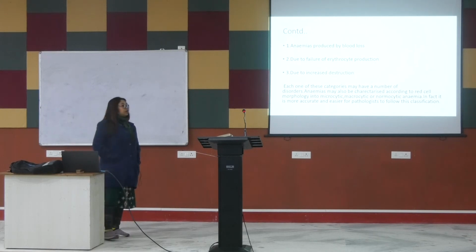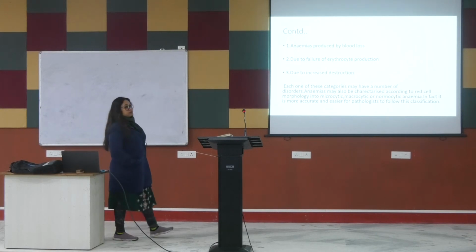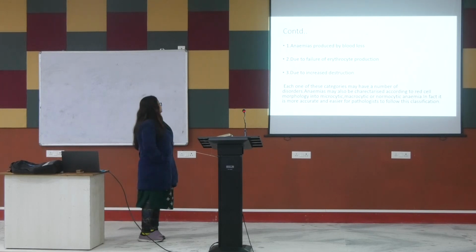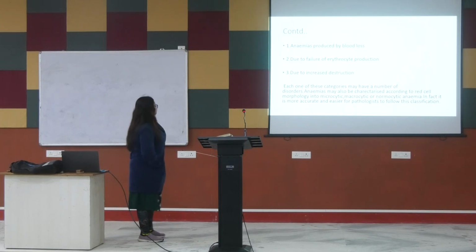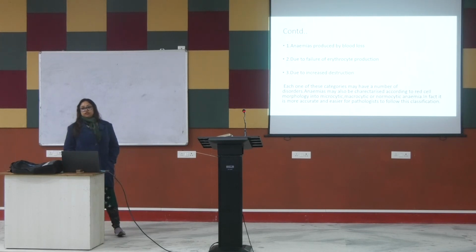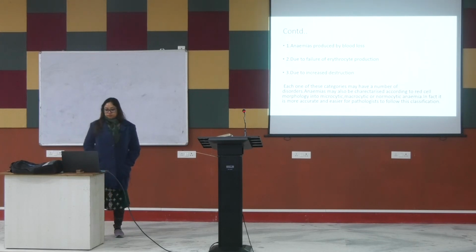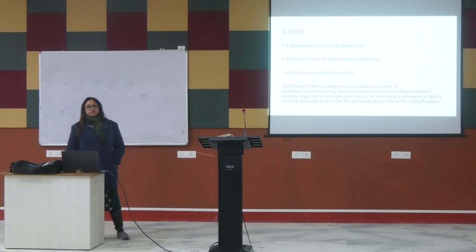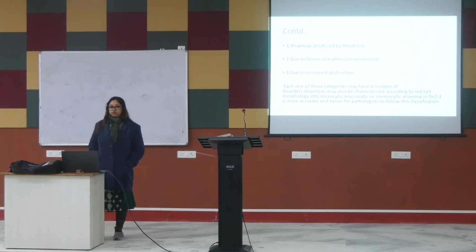That is, anemias produced by blood loss. Second, due to failure of erythrocyte production, where there is a defect in RBC production. And third, due to increased destruction, from so many causes, with more destruction of RBCs than are produced.